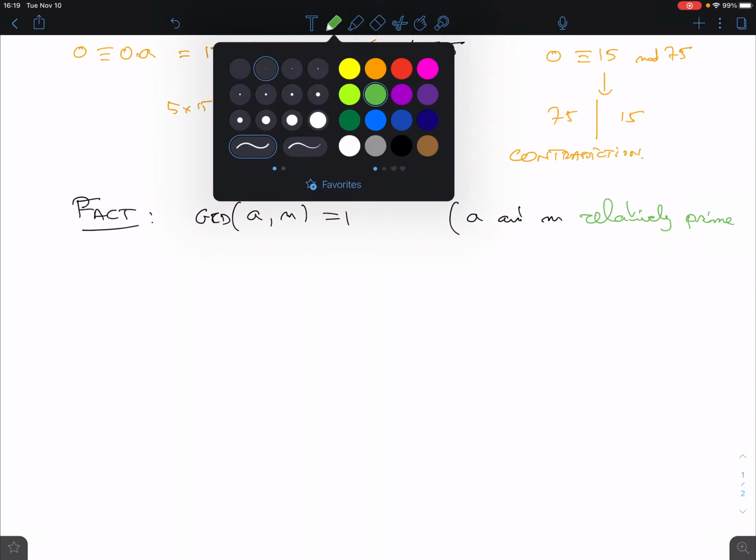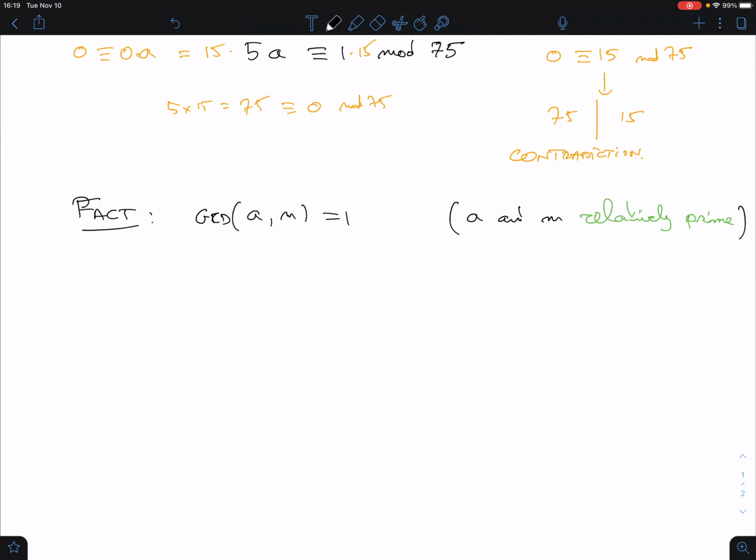Remember, the name meant that they don't have any common primes in their prime factorization. So this is the same as saying that the GCD is 1. If the GCD is 1, then A has an inverse modulo M. That means there's an inverse, let's call it B, such that A times B is equivalent to 1 modulo M. So it guarantees the existence of this B.